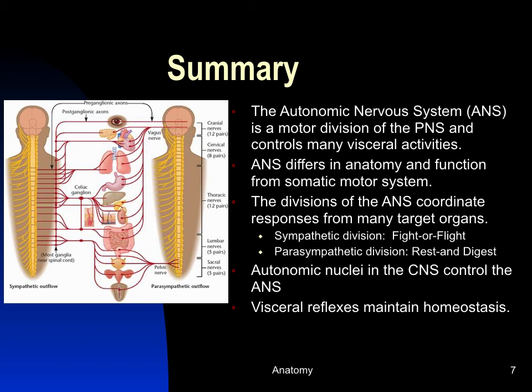This is going to control and coordinate responses from many target organs, all the digestive organs, the reproductive organs, the organs of the urinary system. These are all going to be coordinated through these responses. The autonomic nuclei are present in the central nervous system. The most important ones are in the hypothalamus and in the medulla, and these things maintain homeostasis.